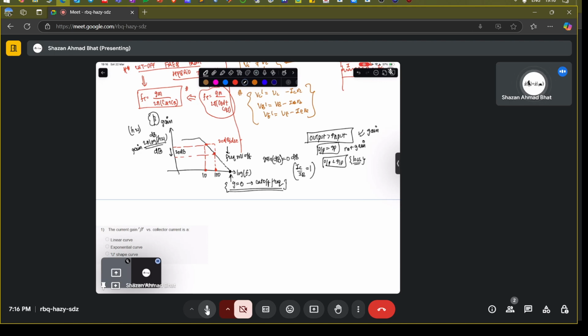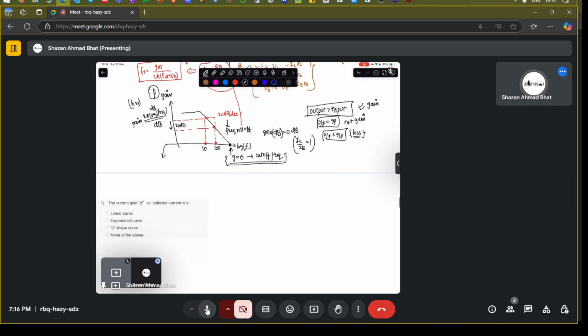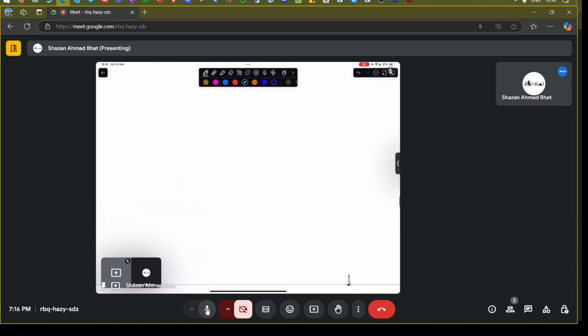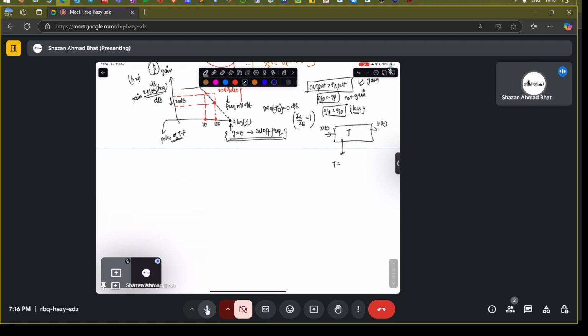So what else do we need to study? These plots can be understood because they are like the poles of a transfer function. You know that if you have a system, let's say a black box with some input x of t and output y of t, then you can write this transfer function as the Laplace transform of the output divided by the Laplace transform of the input.